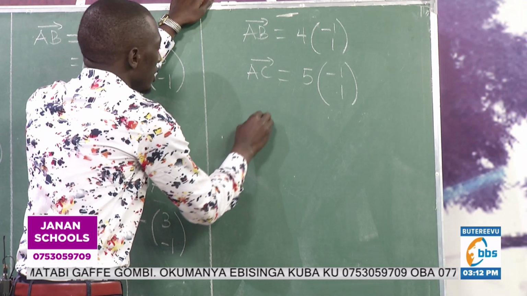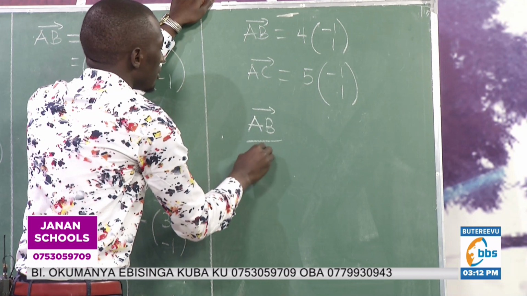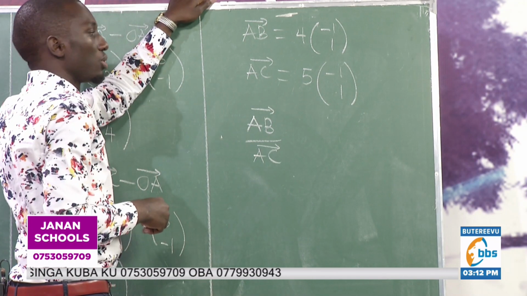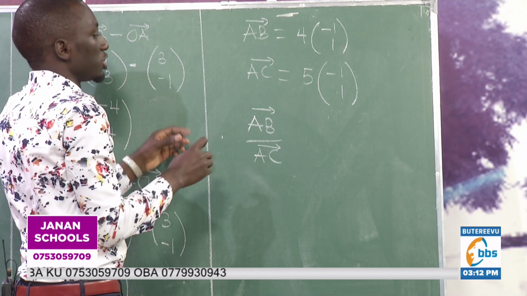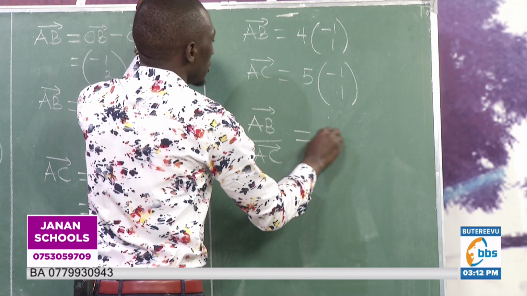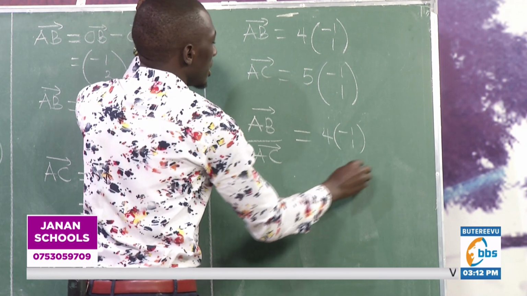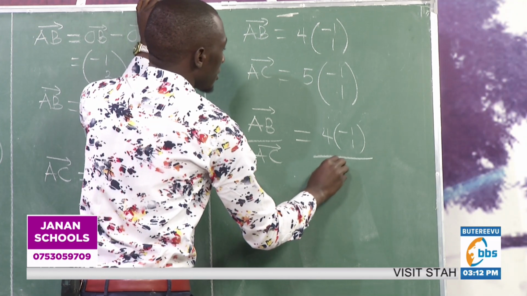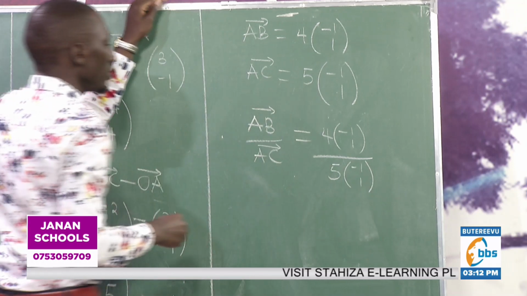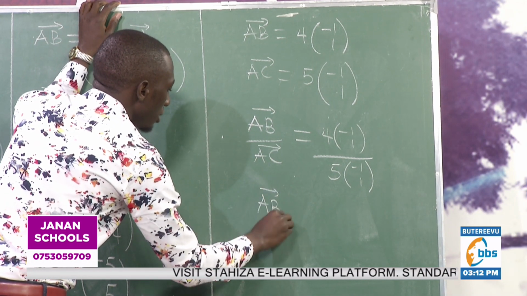I can say this is AB, so I can get AB divided by SC. I want to establish a relationship between the two of them. So when I divide, up here AB is 4, -1, 1, and down here for SC I have 5, -1, 1. So I end up having my AB out of SC.